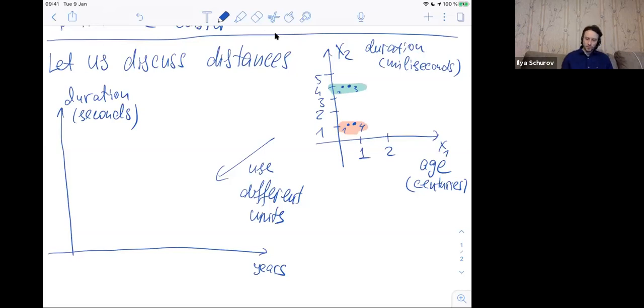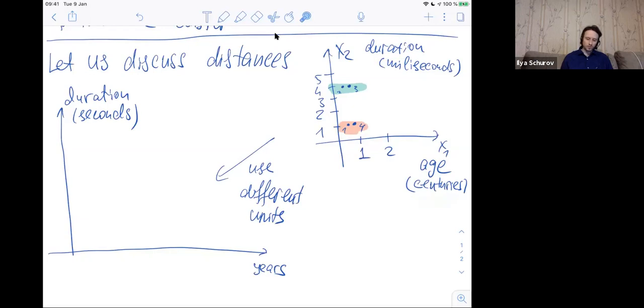We see that in this case, duration and age both measure some time, but of course we understand that they are quite different, and we should use different units of measure to measure them.